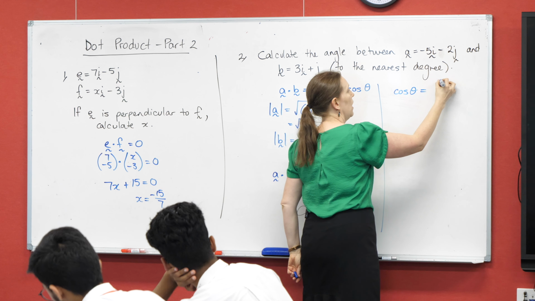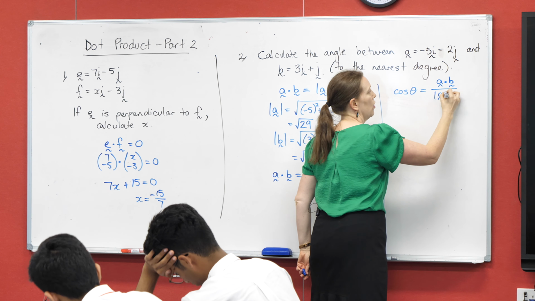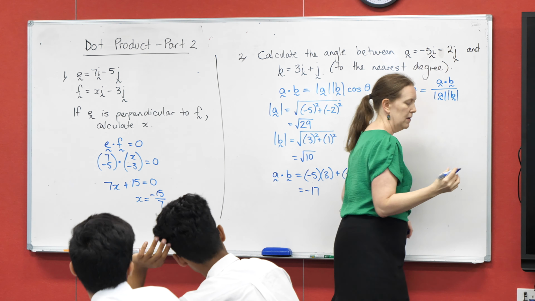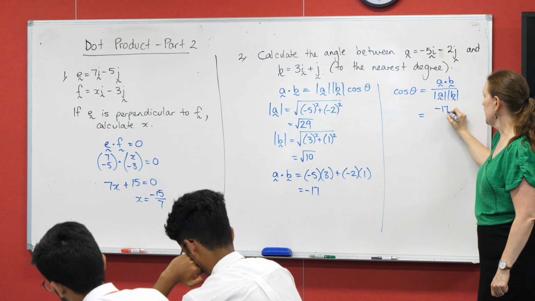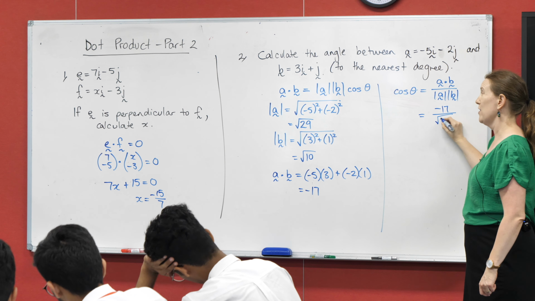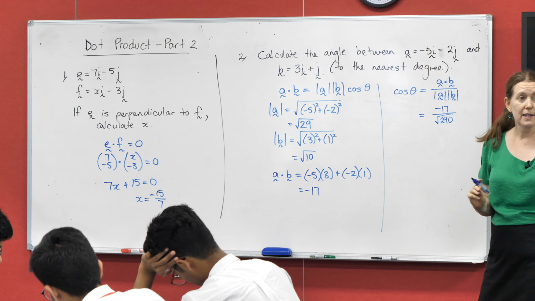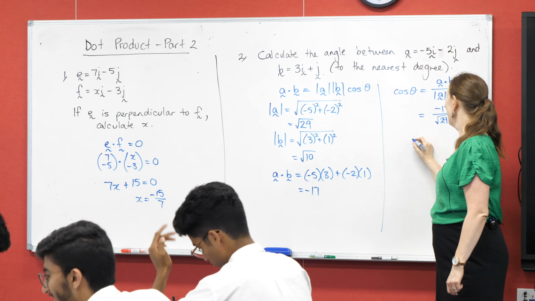To get cos, I'm going to do my dot product and divide by the product of the magnitudes. So we get minus 17 over square root 29 times square root 10 is square root 290. Now, somebody grab a calculator because I don't know that one off the top of my head.